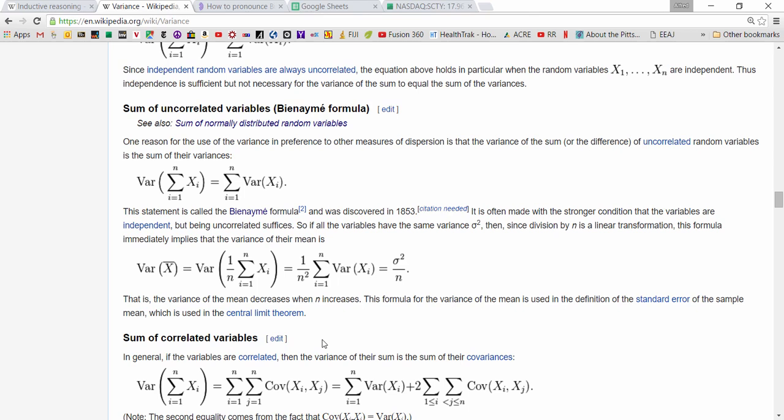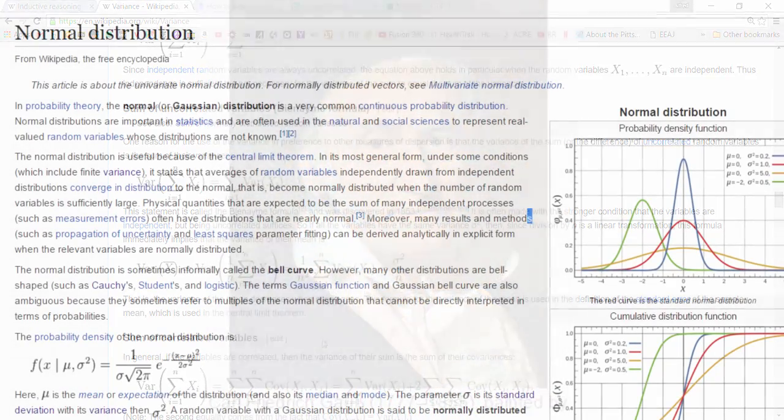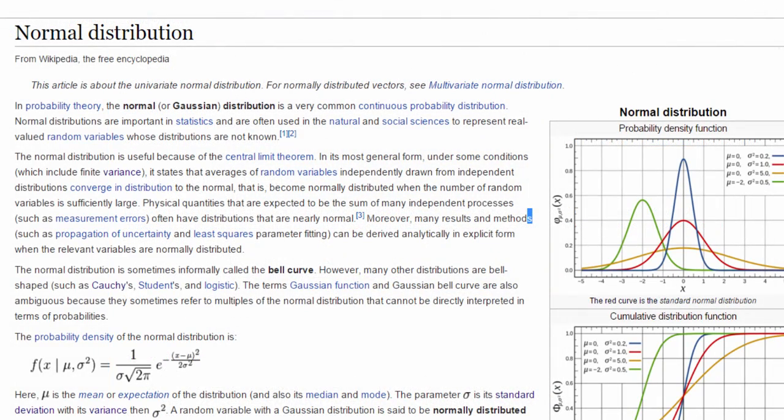It was discovered in 1853, and that was over 50 years after Carl Friedrich Gauss is thought to have first discovered what he called the normal distribution of errors. Maybe if Mr. Bienaymé had had access to computers and Google Sheets or Excel, he could have discovered his formula in less than 50 minutes, like we just did.